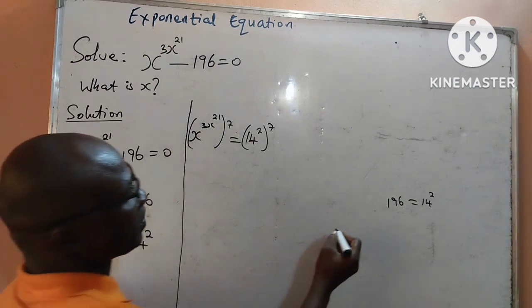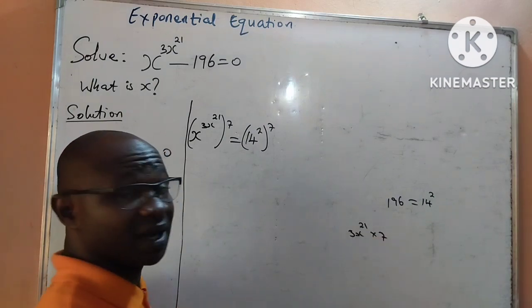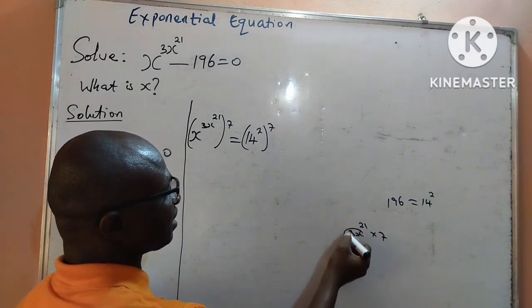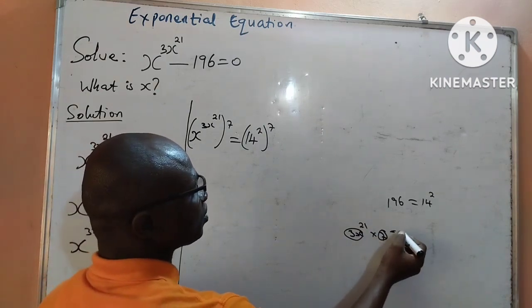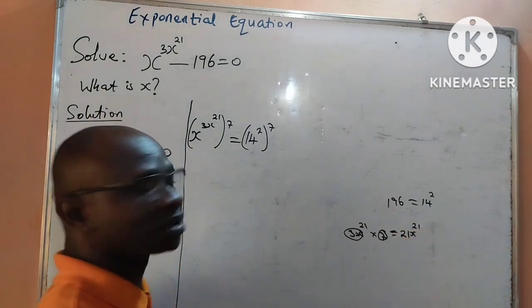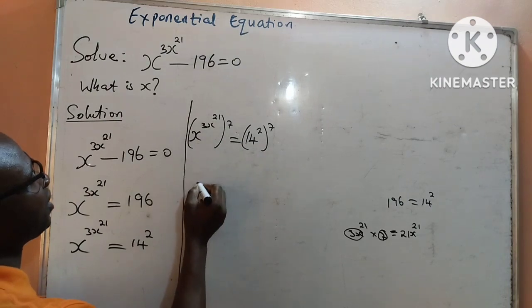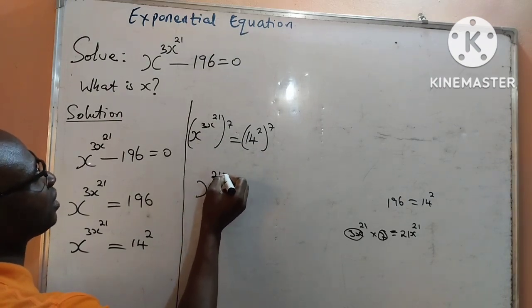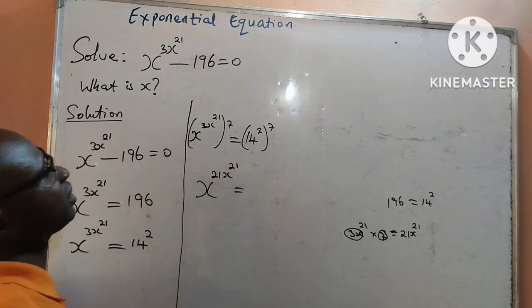But then, when I have 3x to the power of 21 multiplied by 7, it means that this 3x will be used to multiply 7, and it is going to give me 21x, still raised to the power 21. Therefore, 7 times 3x will simply give me 21x, then raised to the power 21.